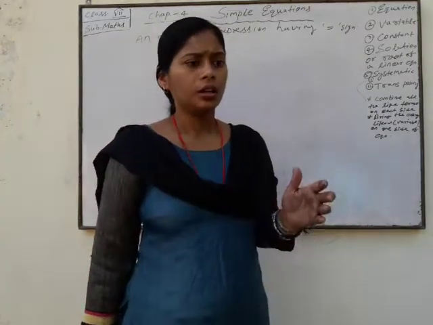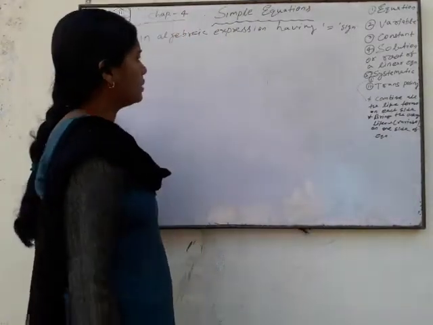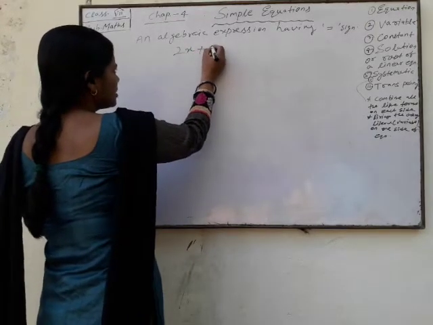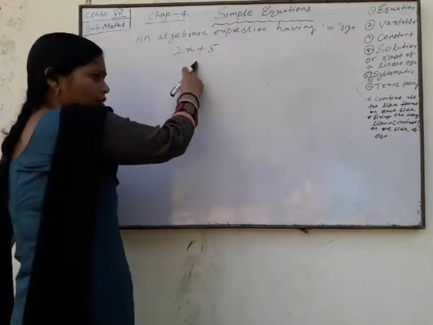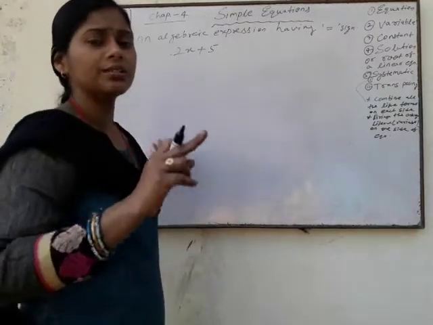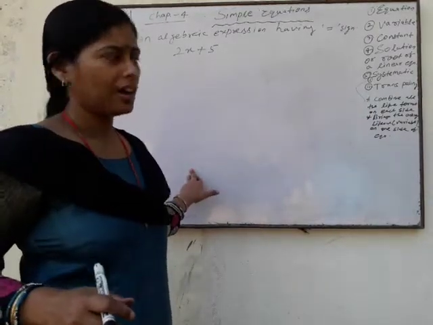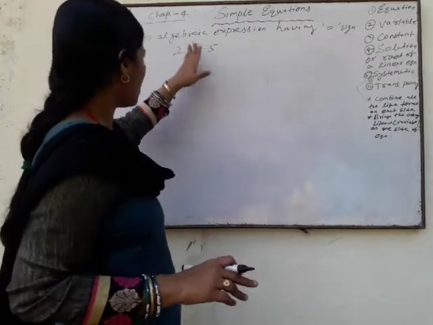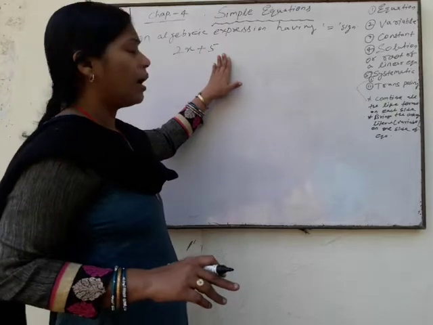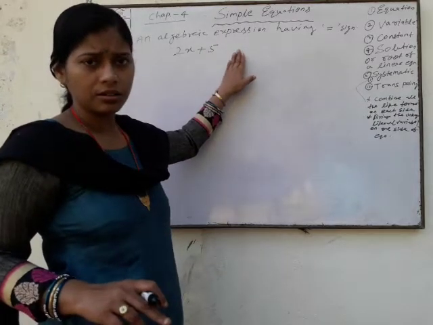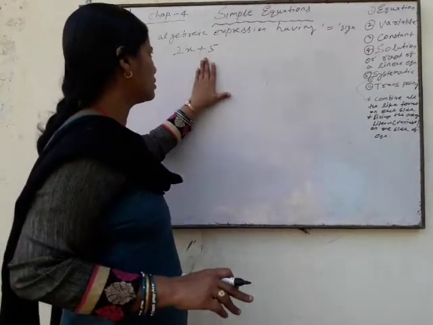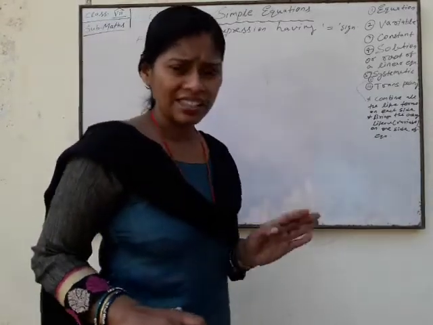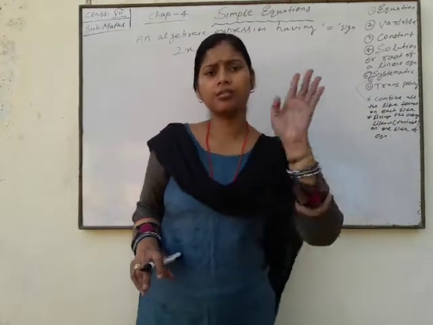Now, one example: 2x + 5. This is an algebraic expression. I think you have learnt about it in junior classes, in class 6 algebra. In that chapter you studied algebraic expression, constant, variable.